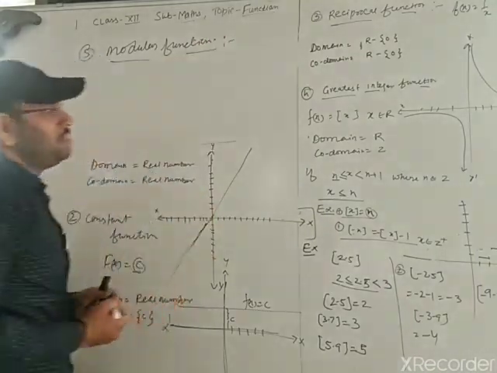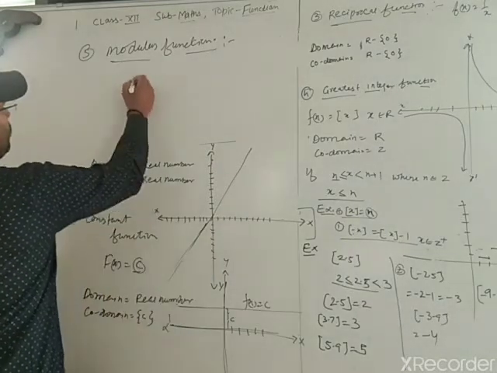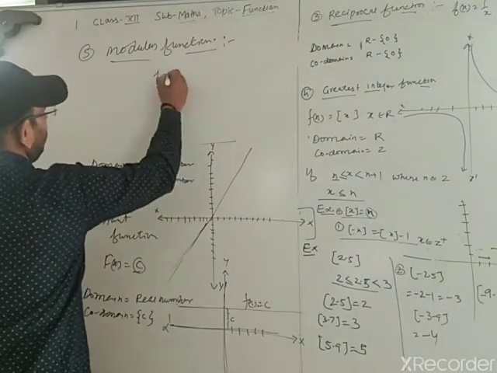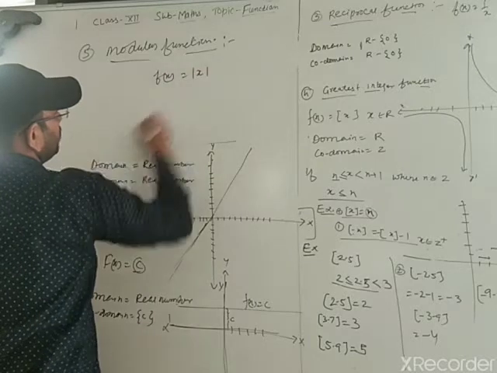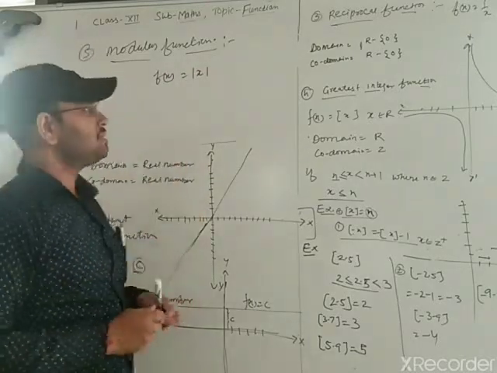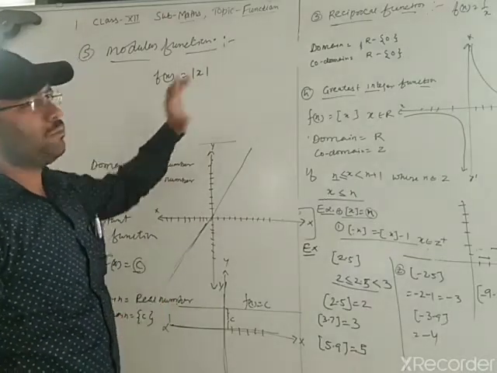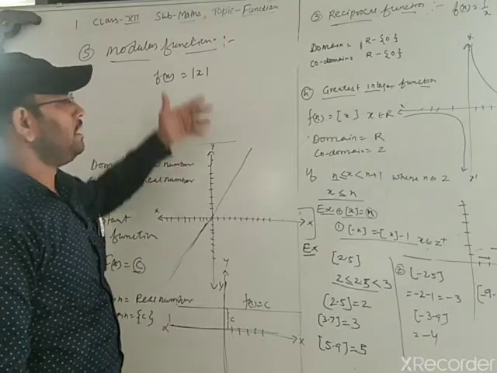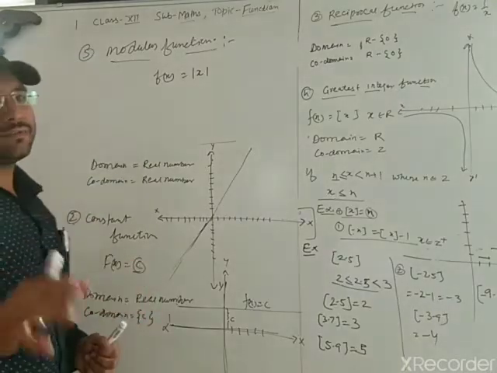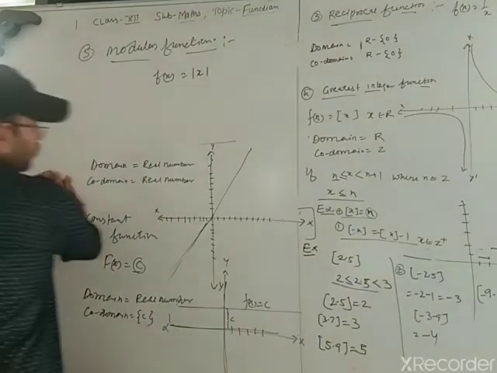Many students have a doubt in their mind. If we write the function f(x) is equal to mod of x, then often in class we said that whatever the value inside is always positive, but we don't know the reason behind that. So I am explaining this, and I will also explain the graph of the modulus function.